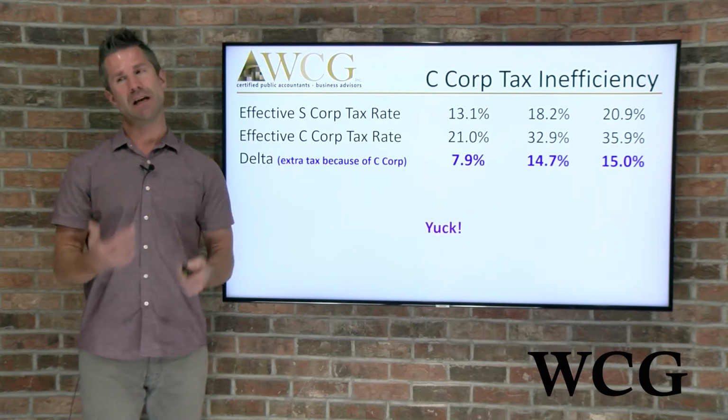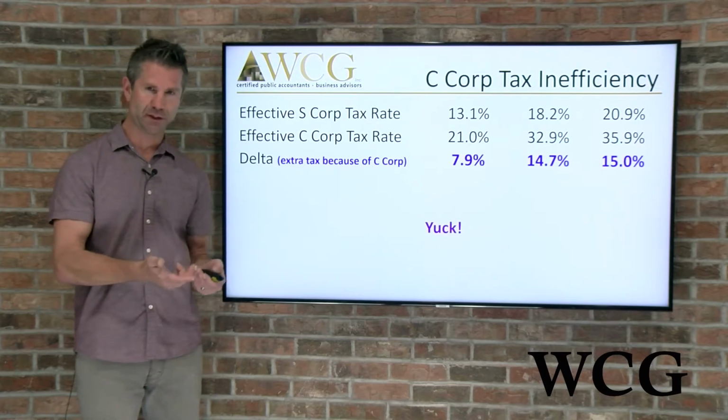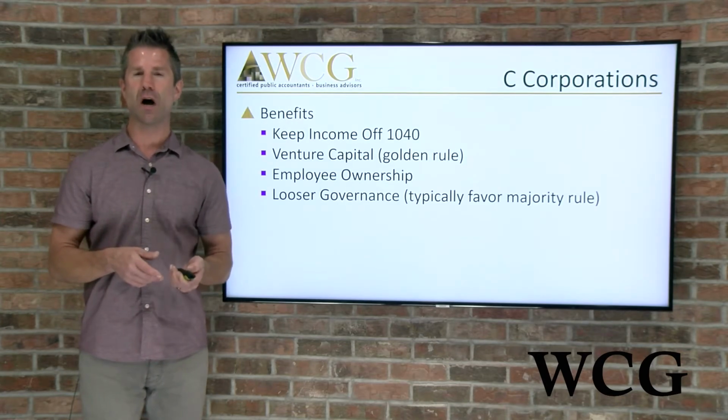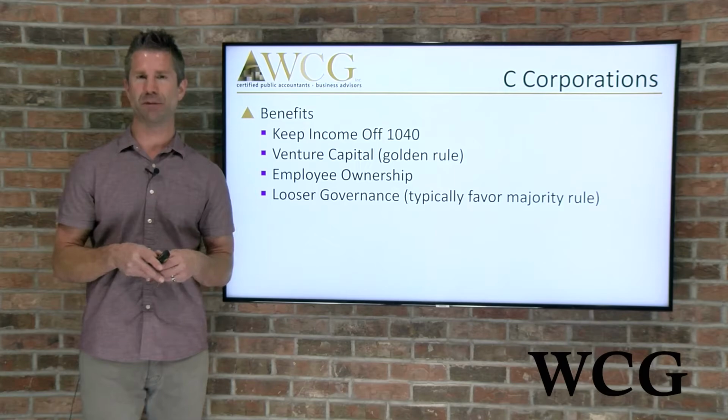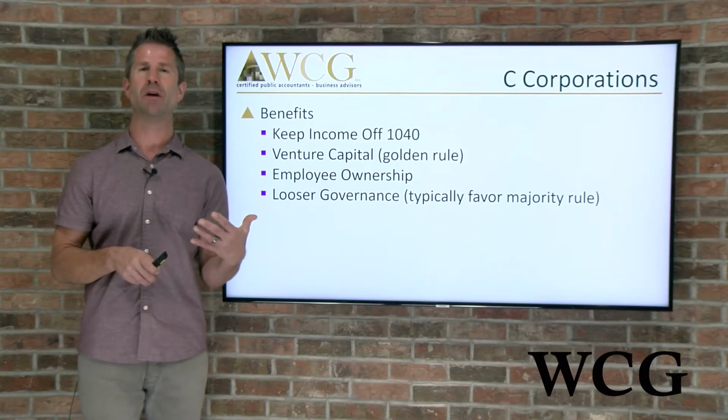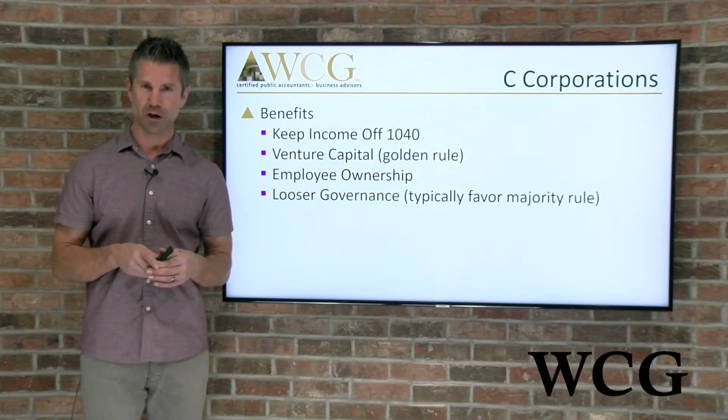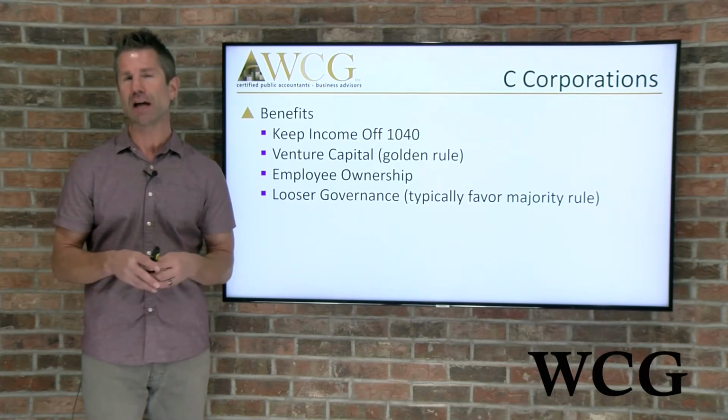Now, you might have to be a C Corp, you might want to be a C Corp, and we'll talk about the reasons why. So there are some benefits to being a C Corp. First of all, you get to keep your income off of your 1040. Why would you want to do that? Well, a lot of reasons.